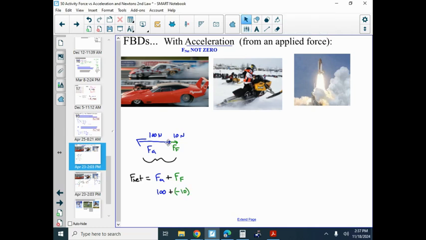So on the diagram, the arrow pointed in the opposite direction, so it was obvious that it was opposite. Anyway, so we end up with the net force being 90, right? And you can tell the direction system here, the way it was set up, was that to the left was positive, right? So we have a net force to the left, we have an acceleration to the left, and so on.